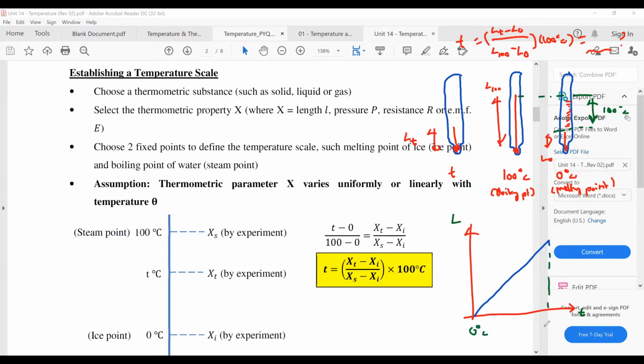You know that 100 degrees centigrade is here. Your unknown temperature T is somewhere here. So if you wanted to work out what is the temperature here, you could make use of this relation here.